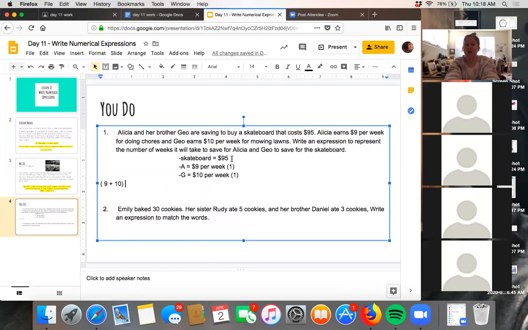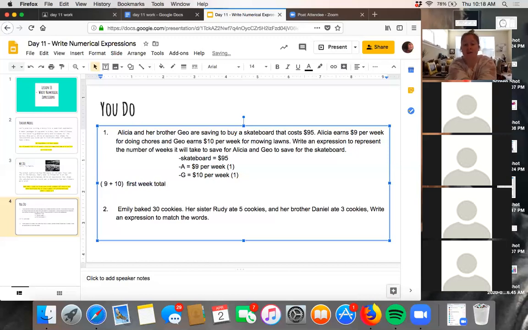Okay. Now I want to know how long it's going to take them to get to $95. If in 1 week they can make 19, and I want to know how long it takes to get to 95, is that going to be add, subtract, multiply, or divide? Multiply. Okay, it's going to not be multiply.